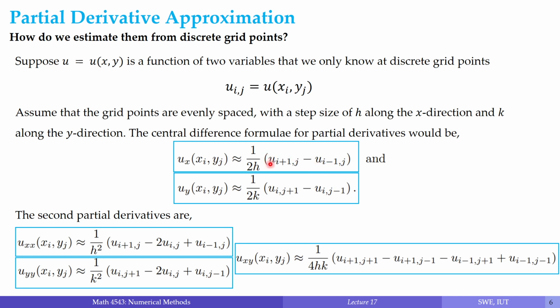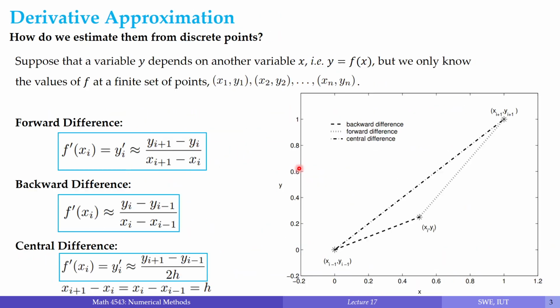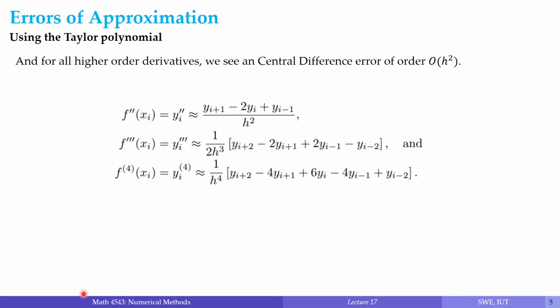Since we are working with a bivariate function right now, we are just going to change our x variable. Our y variable will remain constant, and we're going to divide the whole thing by what? If you recall, we divided the whole thing by twice the step size, right? Since we know that the difference between consecutive x points was h, the difference between the x sub i minus 1 point and the x sub i plus 1 point was 2h, right?